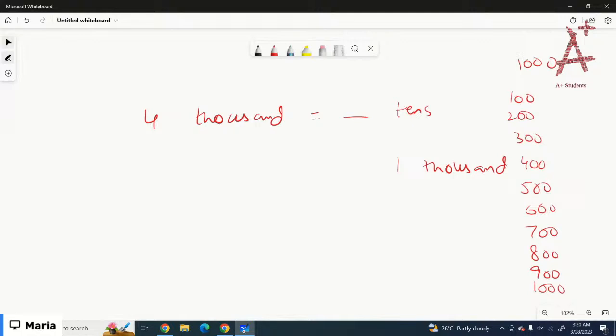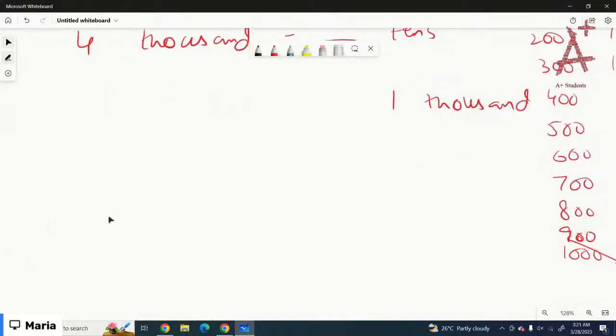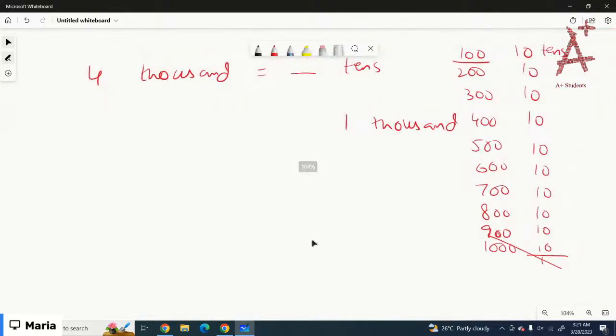In each 100, you have 10 tens. Got it? 10, 10, 10, 10, 10, 10, 10. When you add them, they make 100. That means in 1,000 you have 100 tens. That means then 4,000 has 400 tens.